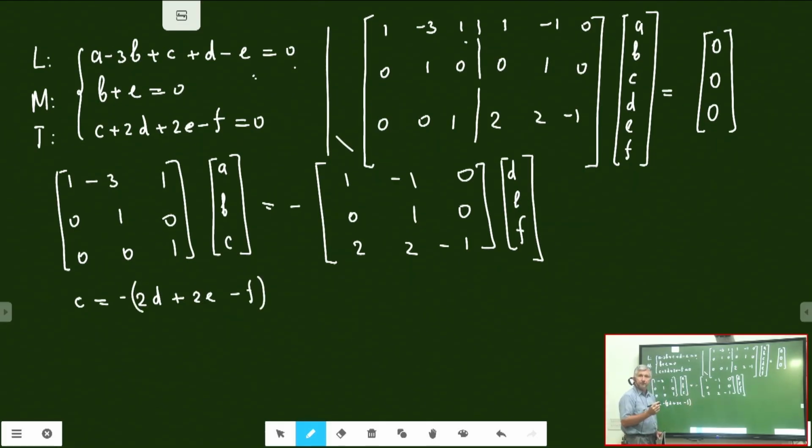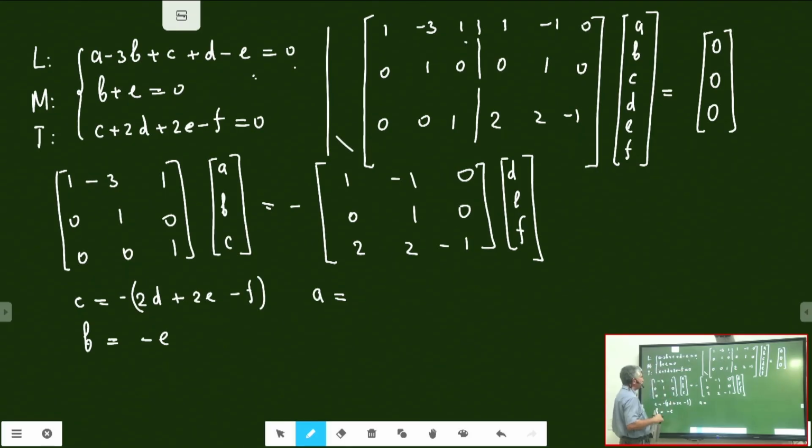Okay? All right, tell me what B is. It's very simple, right? In this case, it's extremely simple. It's just minus E. And I will ask you to compute what A is.